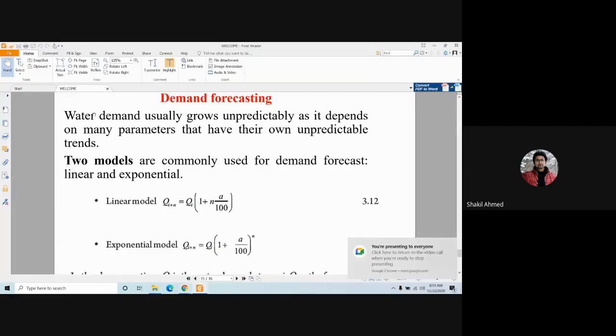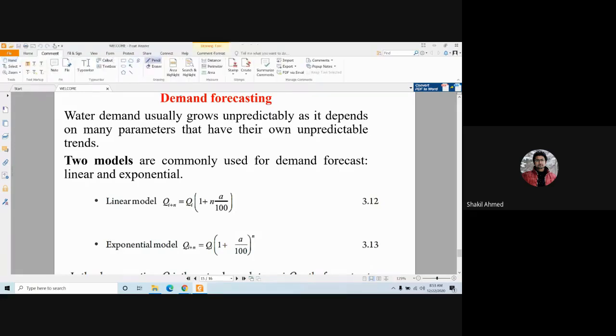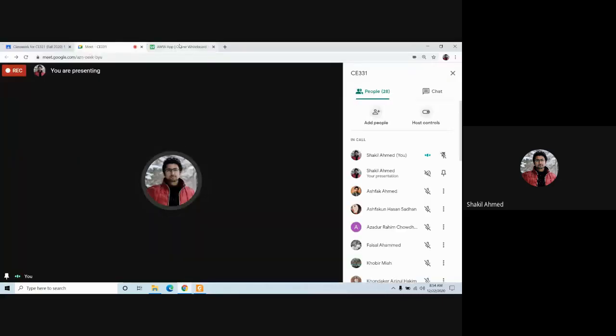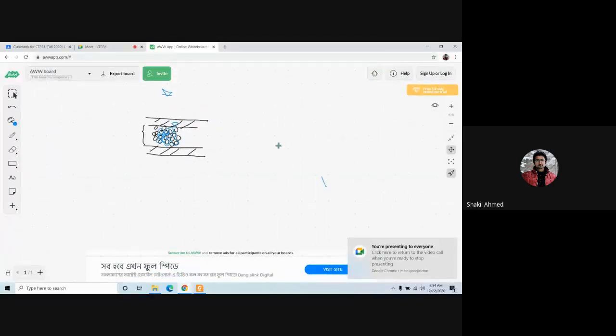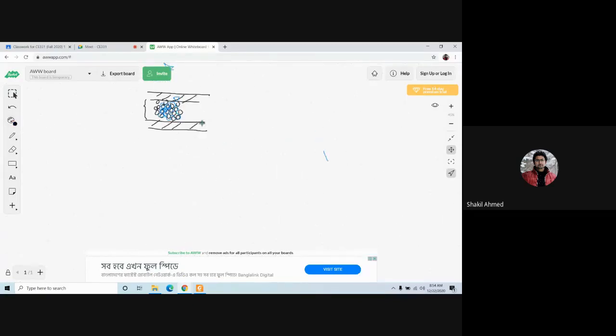So, we were discussing water requirement, and today we will discuss demand forecasting. We'll start from demand forecasting. So, what happens in a community, when you design a water supply system for a community, for example, this is the community here.